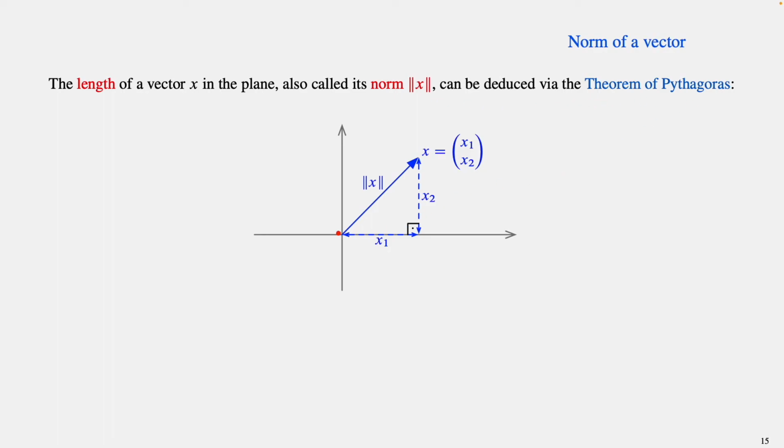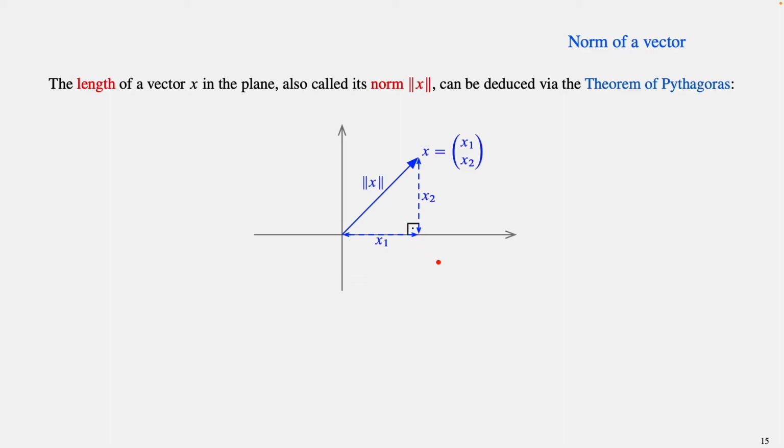So we have a vector x here, and the norm is the length of this vector. And we have the 2 coordinates x1 and x2. So if we go along x1 and then orthogonally to that along x2, then we have 2 side lengths of a right-angled triangle. So we have a right angle here.